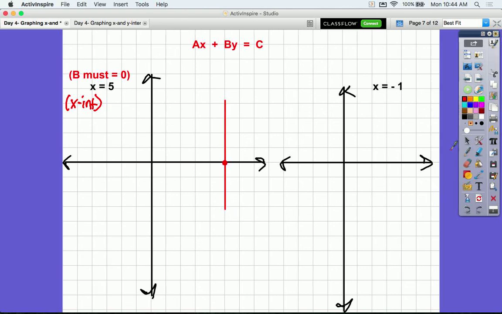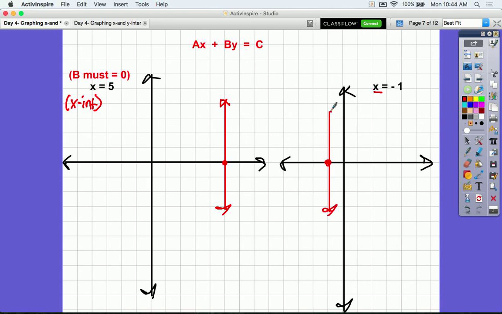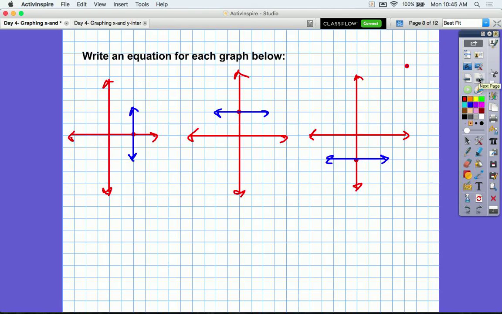Notice I didn't put any points on here because I know every y value is going to have an x value of 5. And for x equals -1, I'm going to plot on the x-axis a point at -1, 0. And again, there's my vertical line. Okay? Really simple. So a couple of problems on tonight's homework where you'll be doing horizontal lines and then vertical lines.